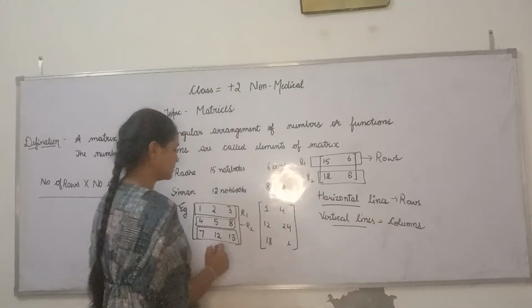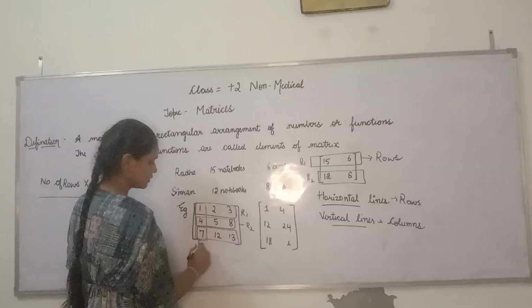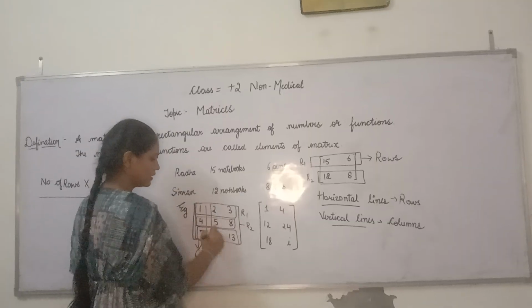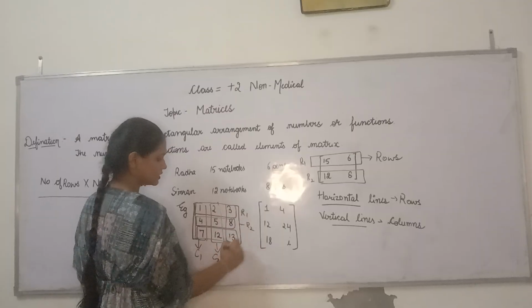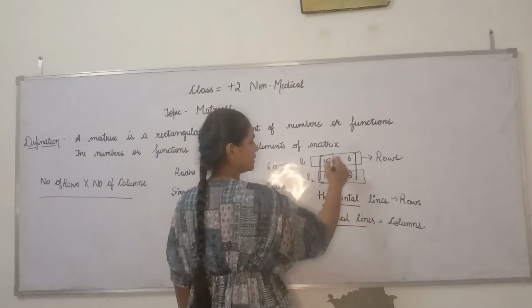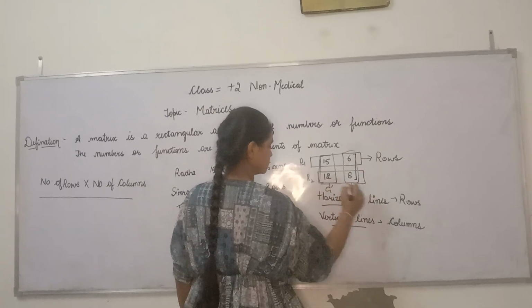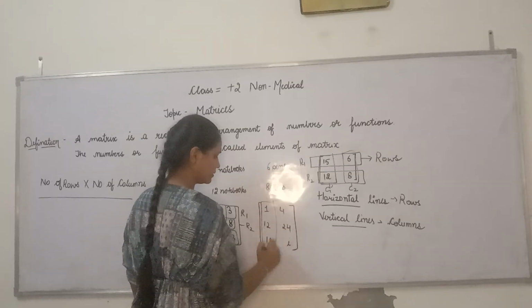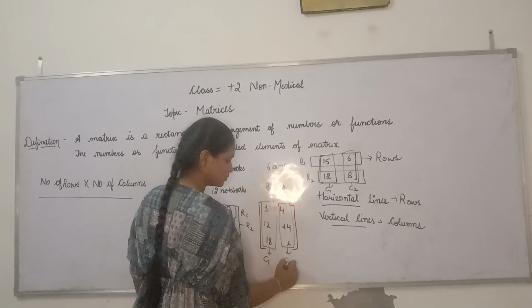Vertical arrangement, like this one, 1, 4 and 7 are the columns. This is column 1, this is column 2, this is column 3. In this one, this is column 1 and this is column 2.